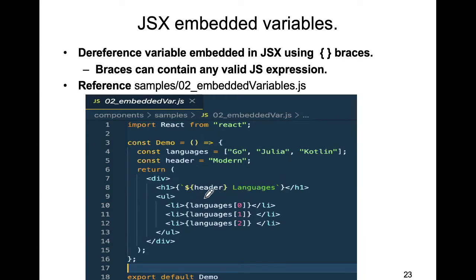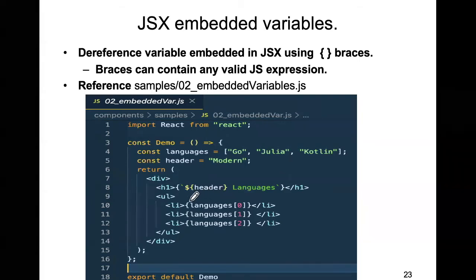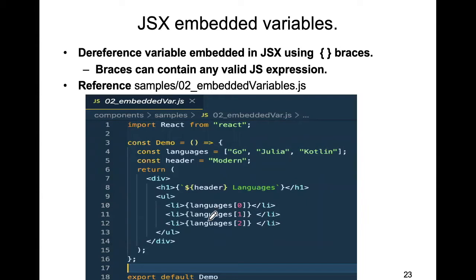So what I said there is it evaluates what's inside the curly braces, and the result of that evaluation is what is displayed on the screen from that component. So in these examples here, it's straightforward. I'm just indexing into my array of languages that I've defined up here. So it'll display Go, Julia, and Kotlin.